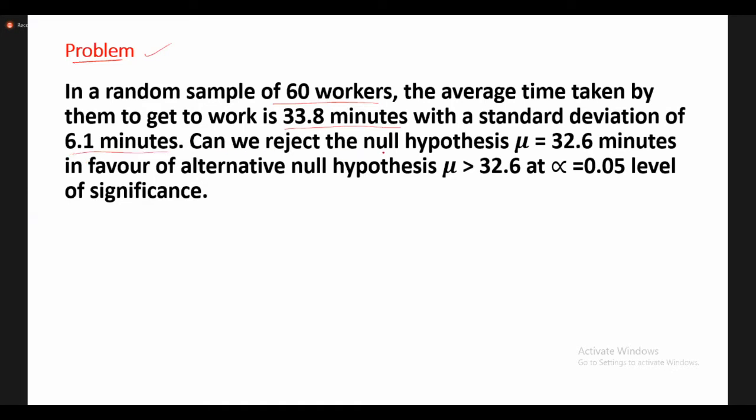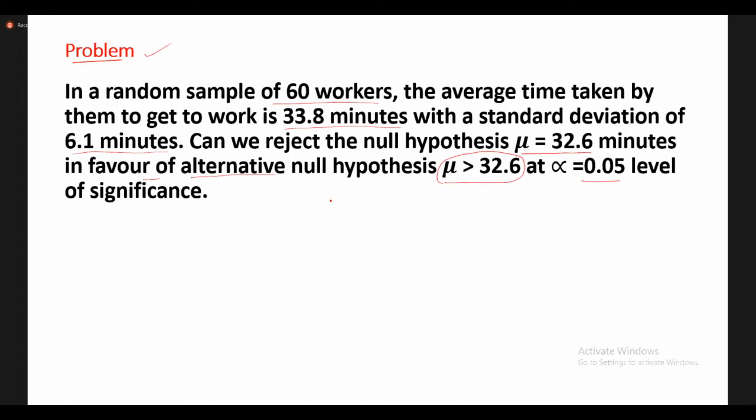Can we reject the null hypothesis that mu, the population mean, is equal to 32.6 minutes in favor of the alternative hypothesis H1: mu is greater than 32.6 at alpha equal to 0.05 level of significance?